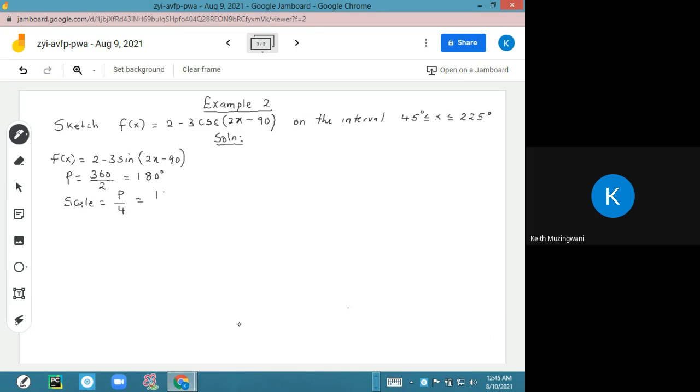So we have 180 divided by 4, which is equal to 45 degrees. Then get the first shift. For the first shift, you equate 2x minus 90 to 0. And so x will be 45 degrees.